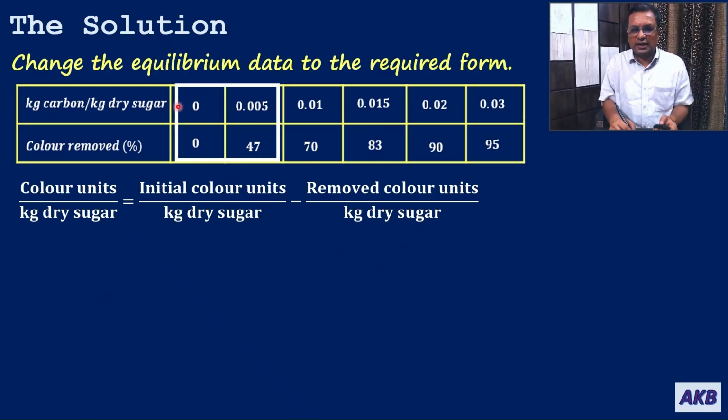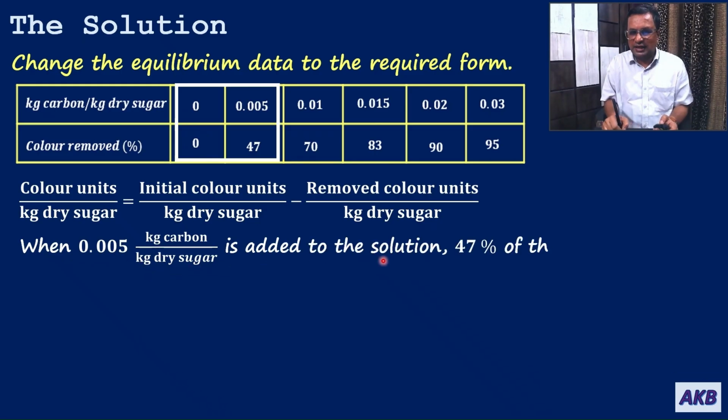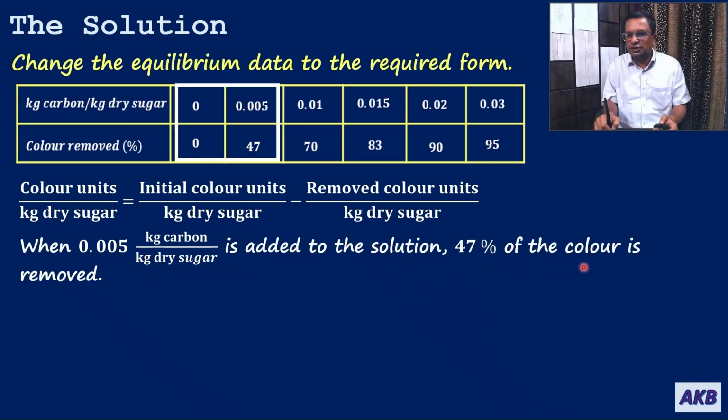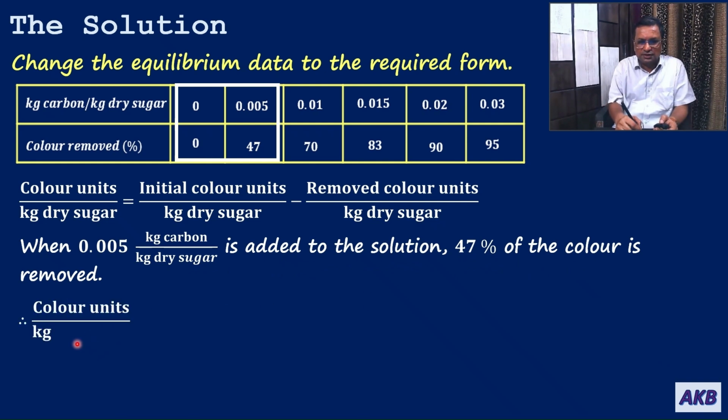So now just look at the first two columns. So here, when 0.005 kg carbon per kg dry sugar is added to the solution, 47% of the color is removed. So that means, how can we use this information in this equation? Color units per kg dry sugar is equal to 20, the initial color units per kg dry sugar, minus color units that are removed per kg dry sugar.